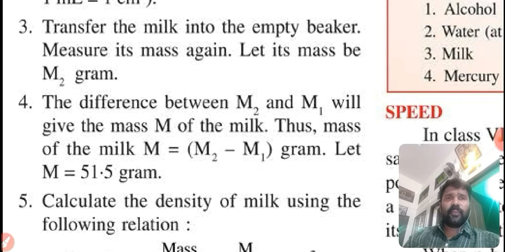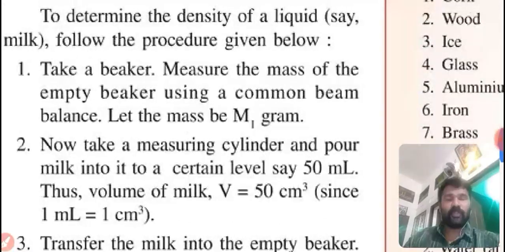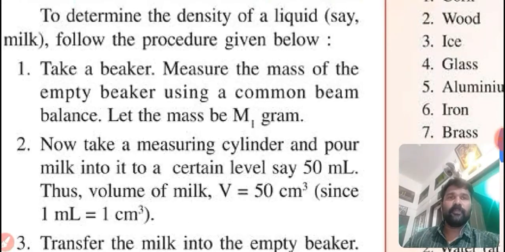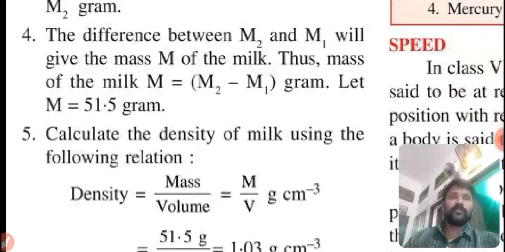The difference between m2 and m1 will give the mass m of the milk. We have already calculated m1 using the common balance, and now we got m2, the final mass after pouring the milk.